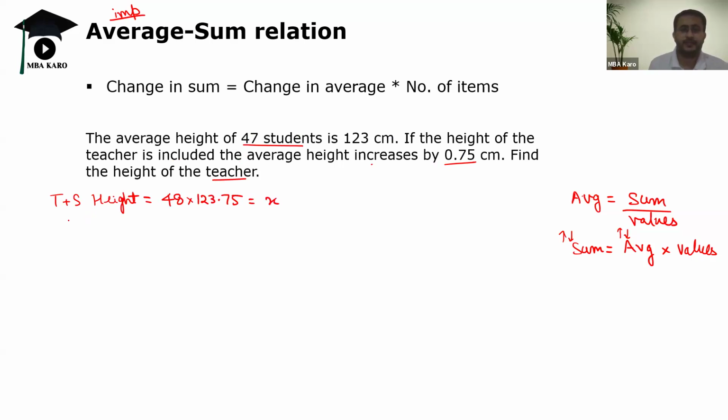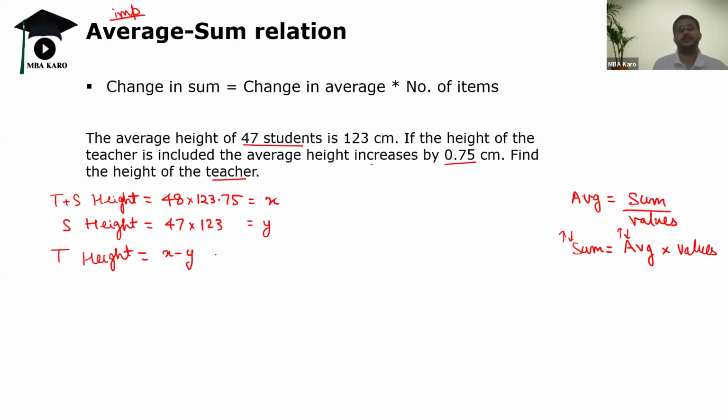Total height of students: you will say 47 into 123, and you will get the value y. So the teacher's height will be x minus y.